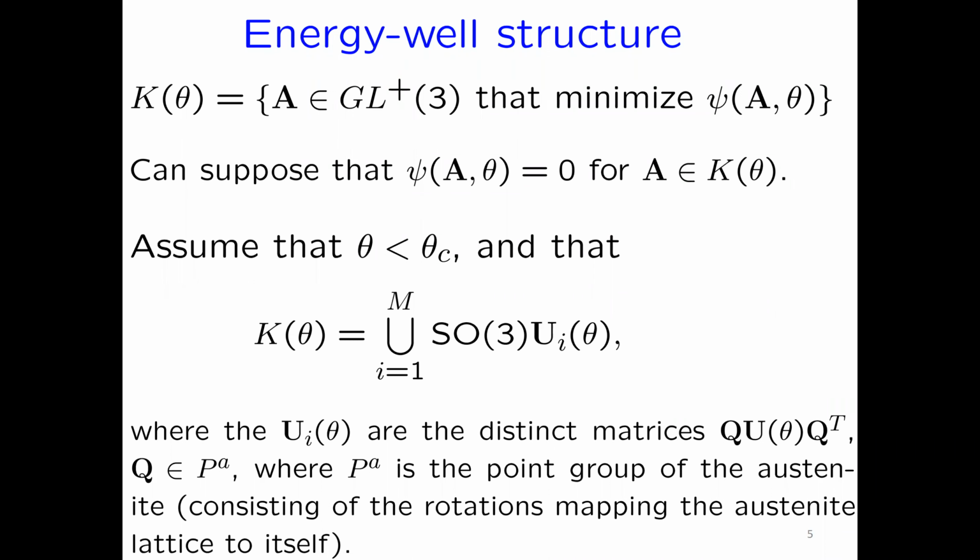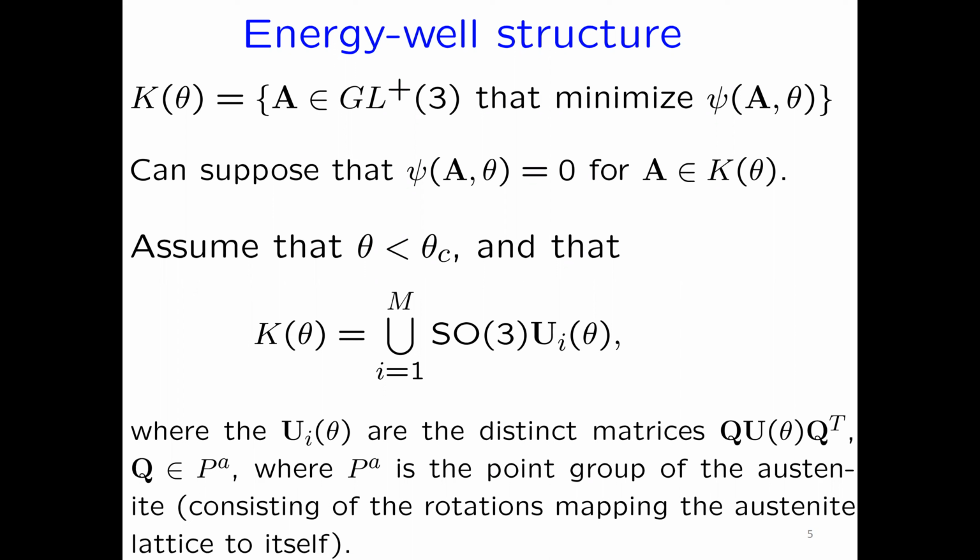The point group is the rotations that map the austenite lattice to itself. And of course, if this was the cubic group, which is what we would usually have, that consists of 24 matrices. So you might think there'll be 24 of these matrices as Q runs through the group, but in fact, some of them will be the same. And so we end up with m distinct such U_i.